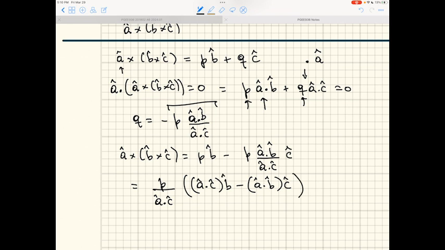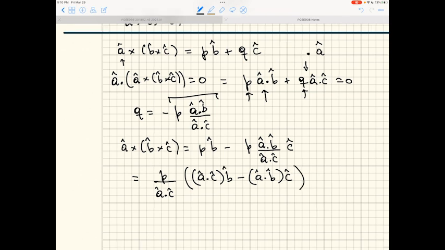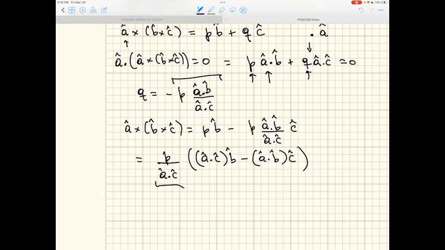So we can call this a K factor. So A cross B cross C equals a factor K times ACB minus ABC.